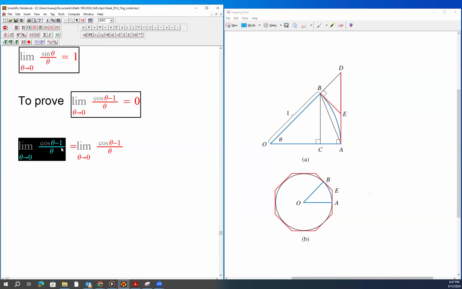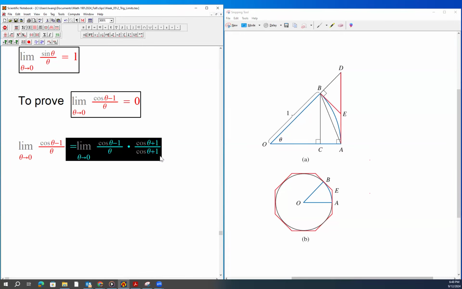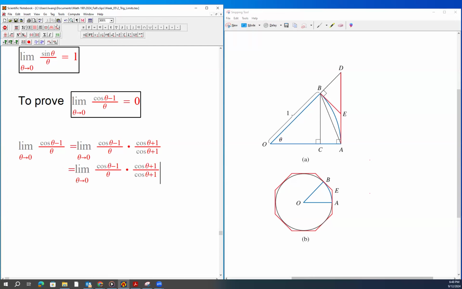So this is what we wanted to work with, right? In order to do that, we're going to multiply by the conjugate of the numerator. The conjugate of the numerator is cosine theta plus 1. And they're still equal because we merely multiply by 1. And next, we use the conjugate property.